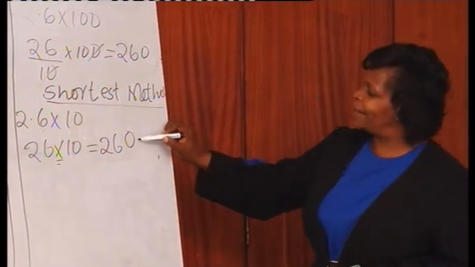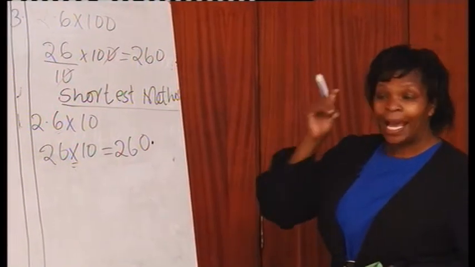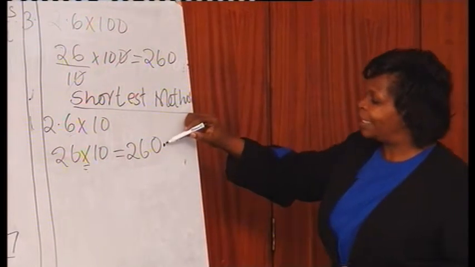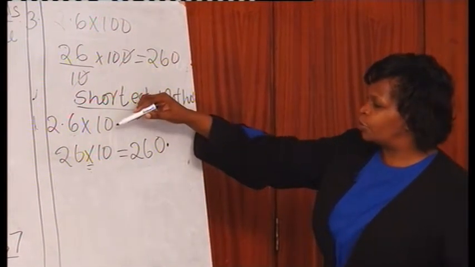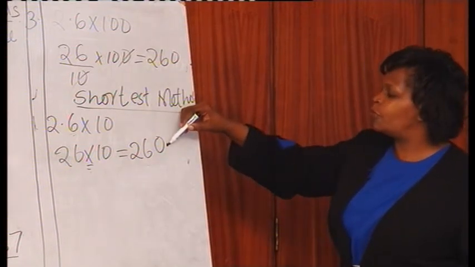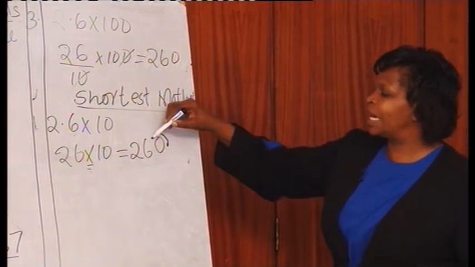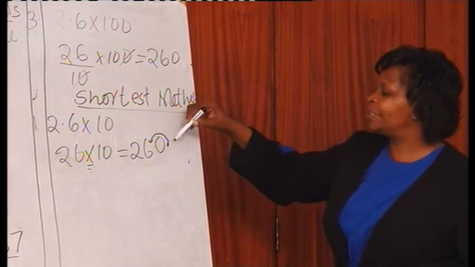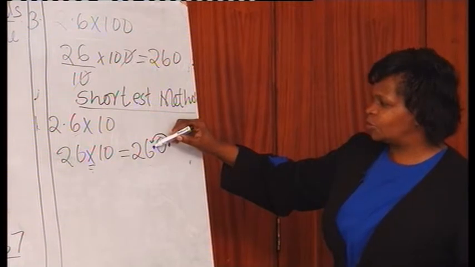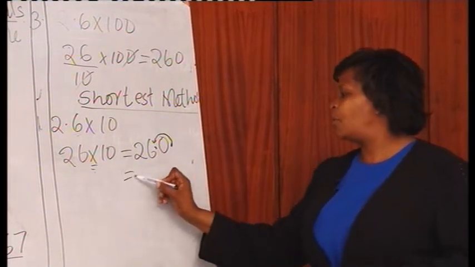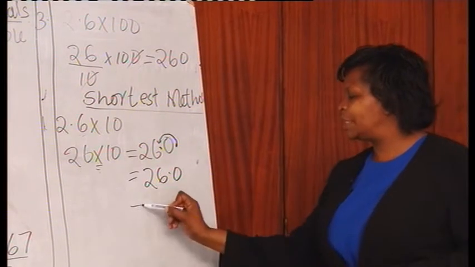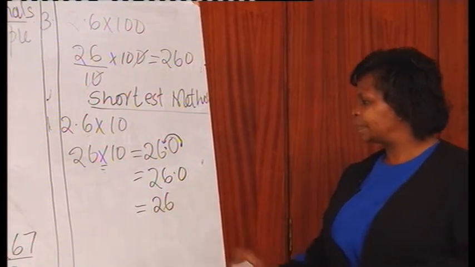And as we said yesterday, a number has a decimal at the end, so you have to move the decimal one step from the right going to the left, so that your number now will be 26.0, which is the same as 26.